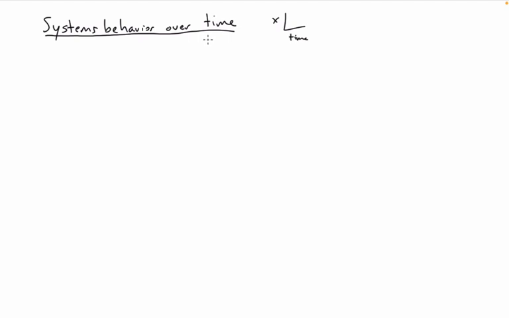So the basic components that we've seen are, the first we'll call a stock. So the stock is the element of a system that can accumulate or be depleted.